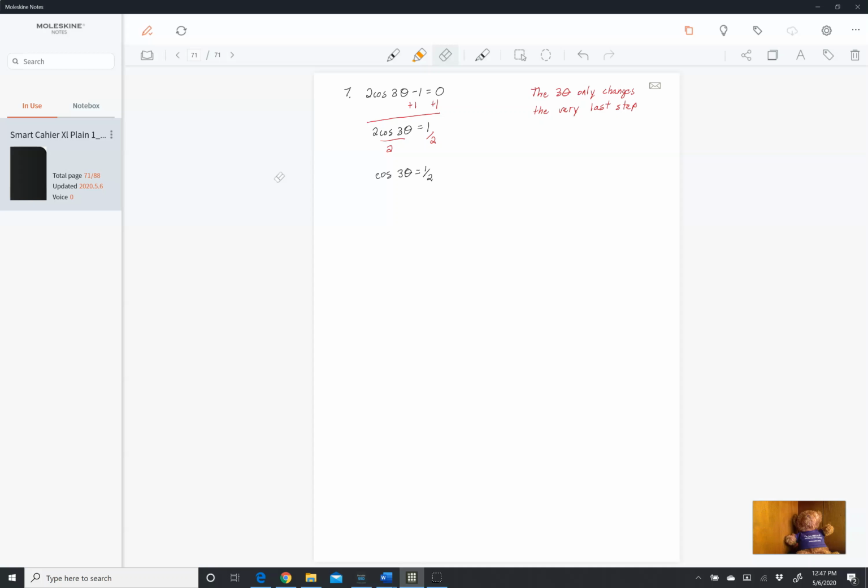Still, don't do anything about the 3 theta, okay? Think about what quadrants. Think of the 3 theta as together, okay? It's grouped. So we're going to think about what quadrants we're in. The cosine is positive. Cosine is positive in quadrants 1 and in quadrant 4.